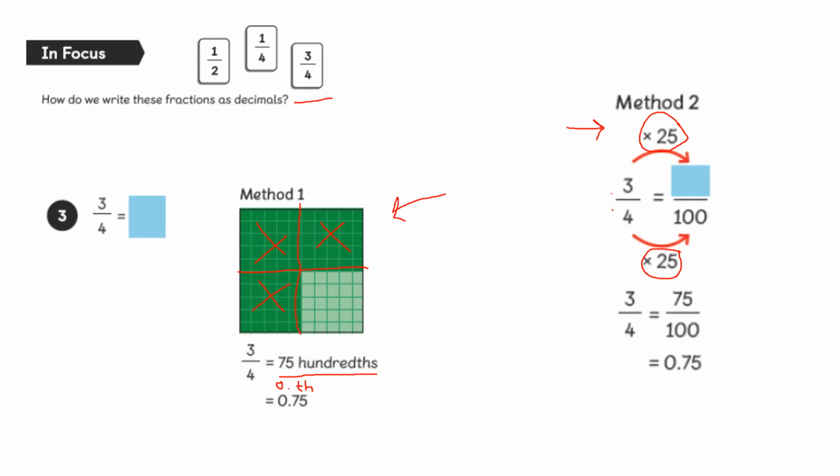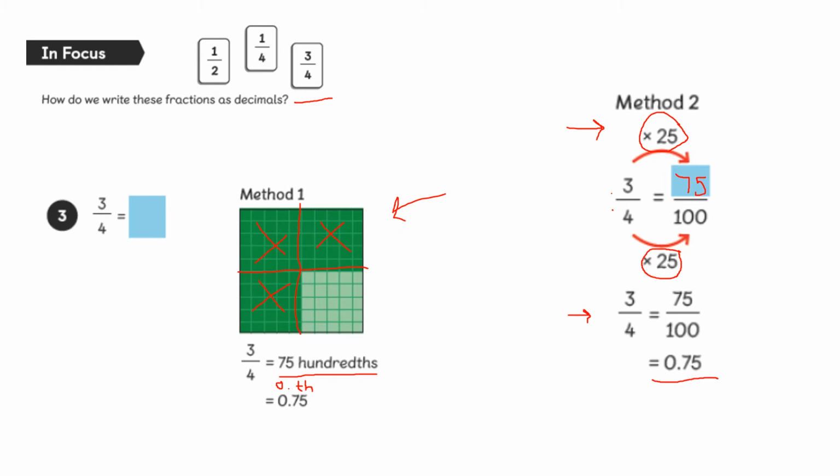So let's do our multiplication. 3 times 25 is going to give us what? Brilliant, it's going to give us 75. And we then know that we're going to do the same with the denominator and multiply 4 by 25, giving us 100. So we've just successfully worked out that 3/4 is equivalent to 75 hundredths. And as a decimal, we would write that as 0.75.